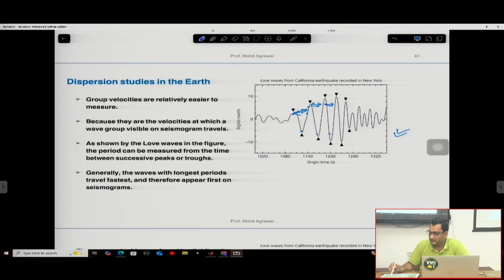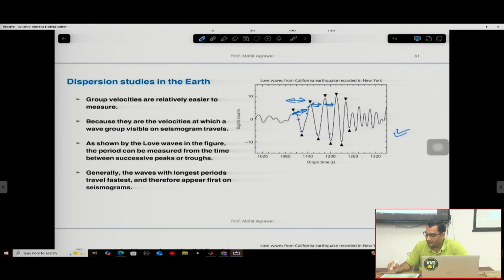So with respect to time the peak to peak distance is decreasing, which means that the velocities of these different frequencies vary with time. And here you observe the higher periods at the very beginning, and gradually the periods decrease. So higher periods are traveling faster than the shorter periods. Okay, this is the phenomenon of dispersion.